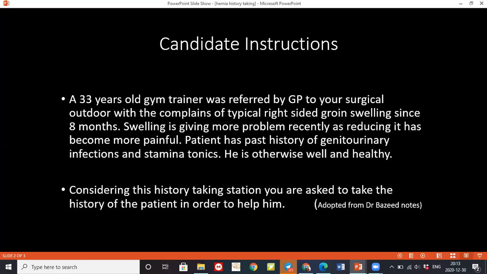And who's at home with you? I live with my mother. And you're otherwise independent in your daily activities? Yes. Good. Do you smoke? Occasionally. And are you a drinker? Sometimes.